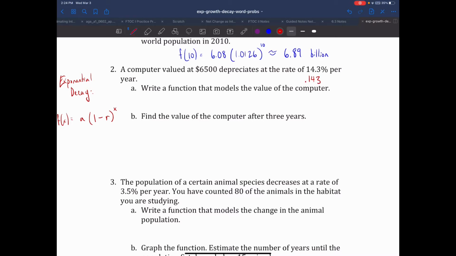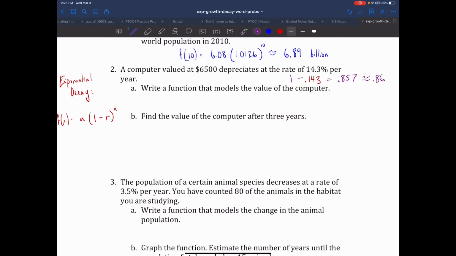And then we have to subtract that from 1. So we'll go 1 minus 0.143, and so 1 minus 0.143 equals 0.857. So I'm going to round that up to 0.86.